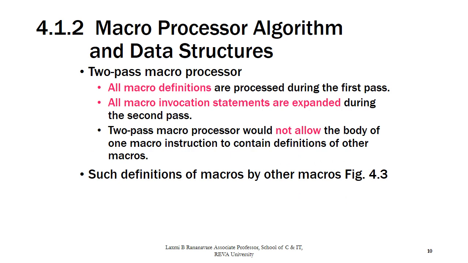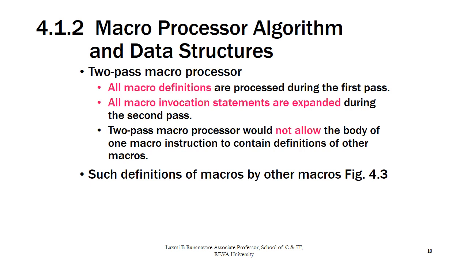So we are going to see the macro processor algorithm, and what is the data structure which is required for this macro processor. In this case, we are going to have two passes for the macro processor. The first pass defines all the macros which are present in the source program, and in the second pass, it is going to expand the macro calls.